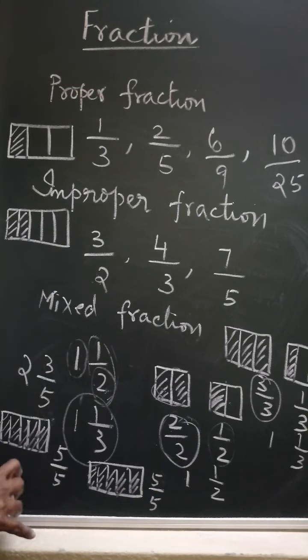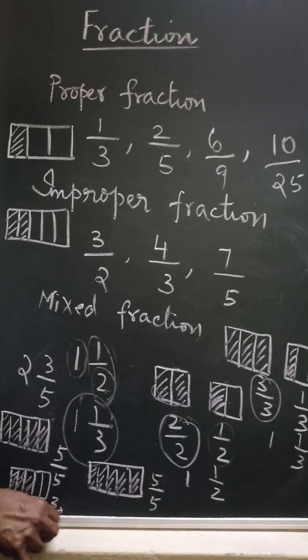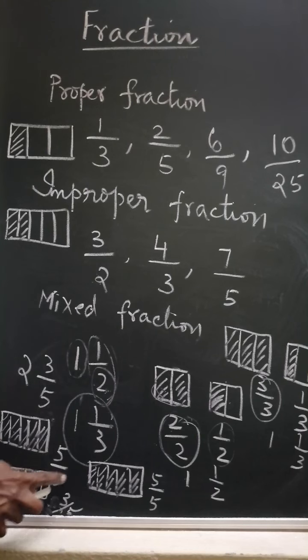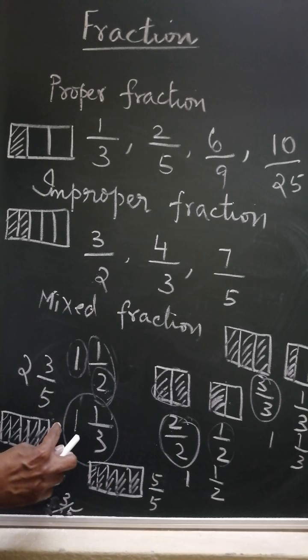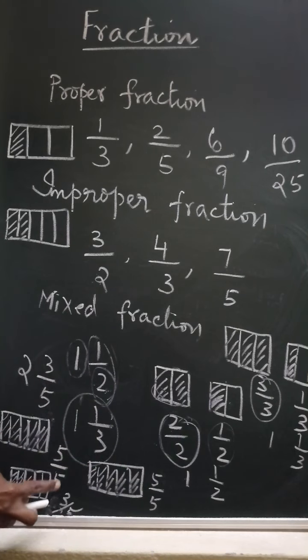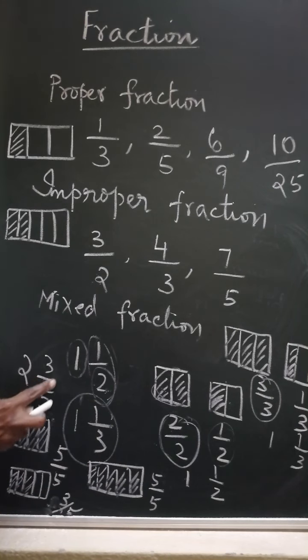Then in the next, out of 5 parts, 3 parts are taken. 3 by 5. Now see, 5 by 5 is 1, and this 5 by 5 is 1. This 1 plus 1 is 2. 2 and 3 by 5. This is a mixed fraction.